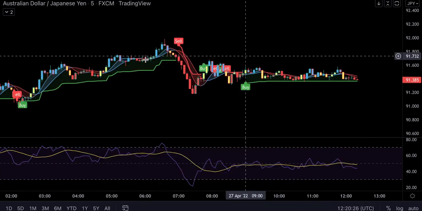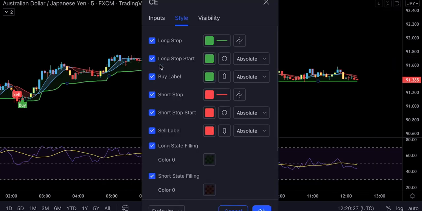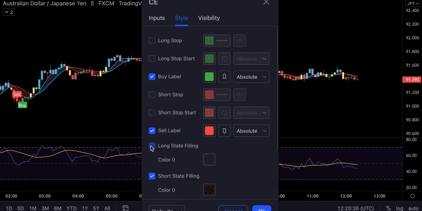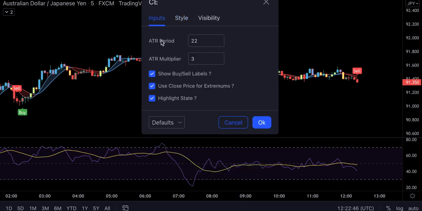Okay, now we need to change the settings on these indicators. So let's first double click on this chandelier exit and remove everything except these buy and sell labels. Also, let's change the position of these labels. Now let's go ahead and change our inputs. So we're going to change the ATR period from 22 to 1 and our ATR multiplier from 3 to 2.3.